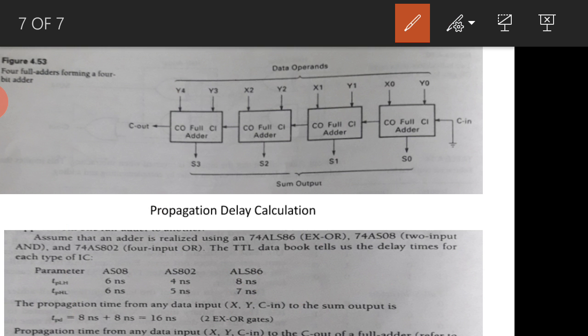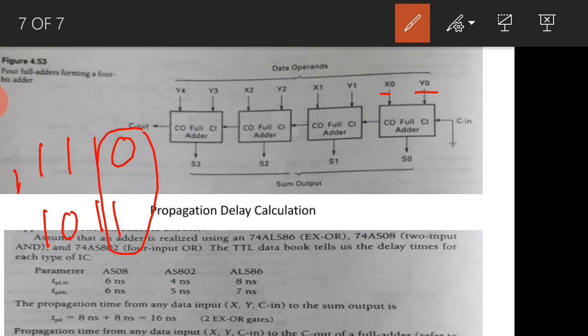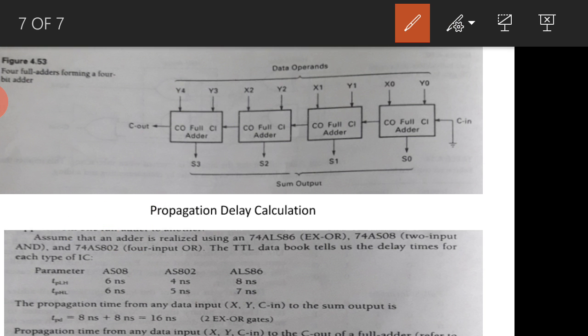Now if it is 1110 and 1011, as I said earlier, the first pair of x and y is 0 and 1, so 0 will be connected here and 1 here.